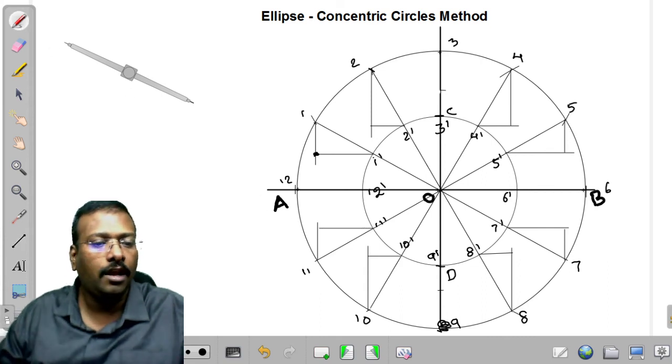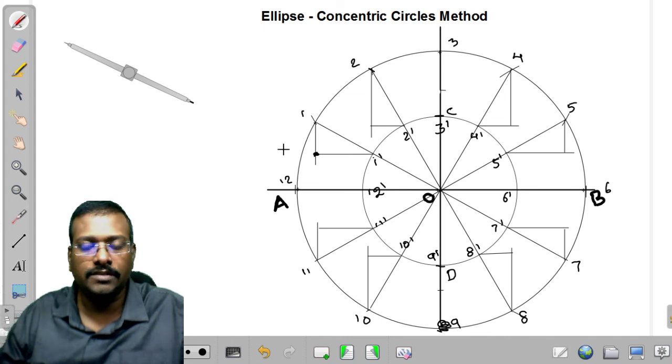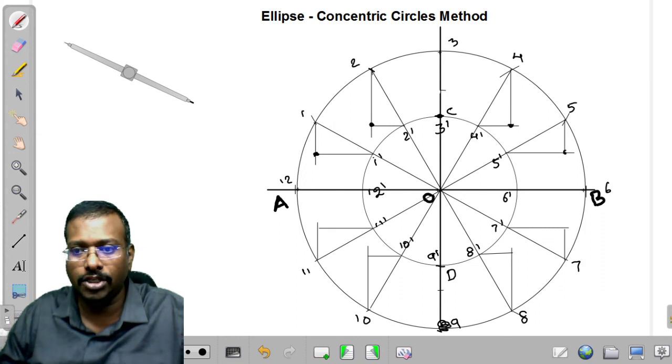So if you join all these points, because wherever they intersect, this is 1, 2, next one is C, 4, 4 dash intersection, 5, 5 dash, it will be 6, 7, 8, at D, 9th position, 10th position, 12th position.